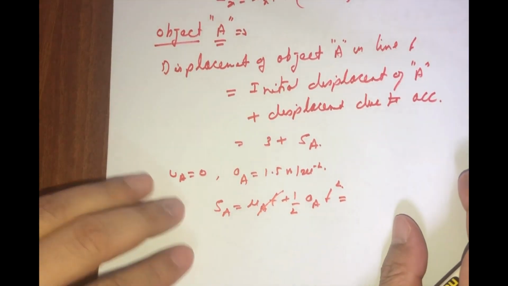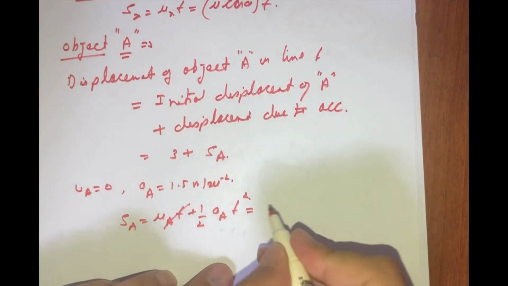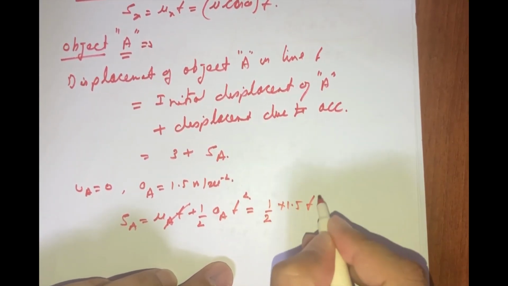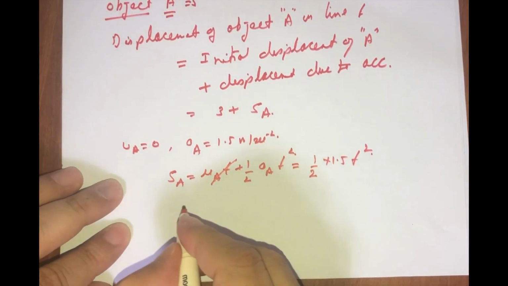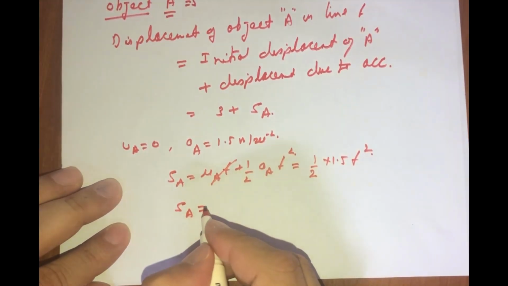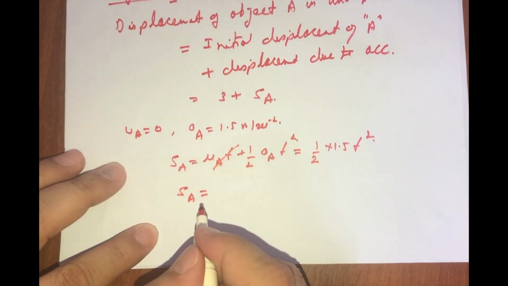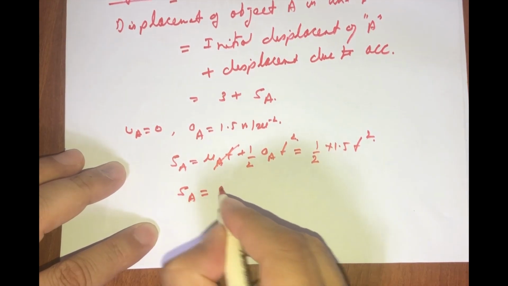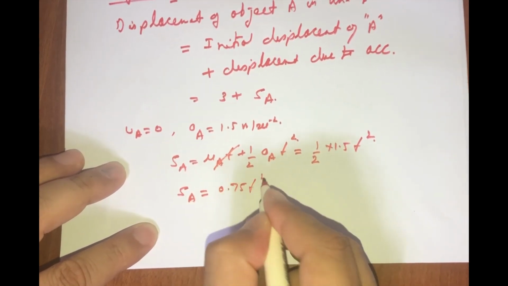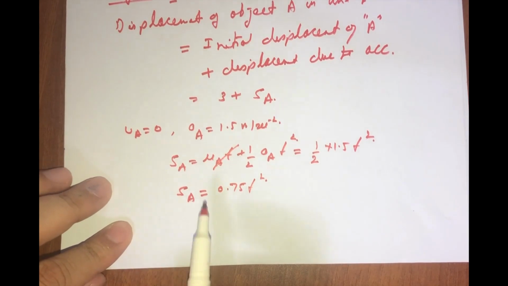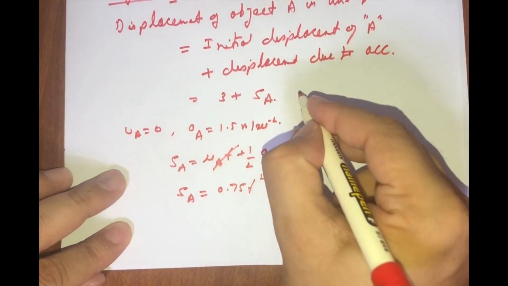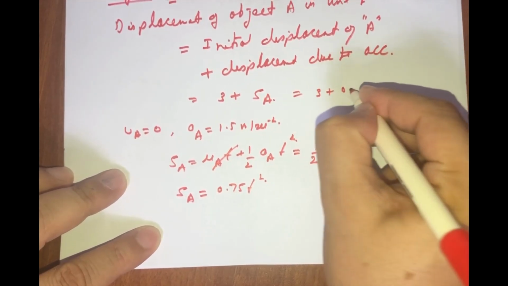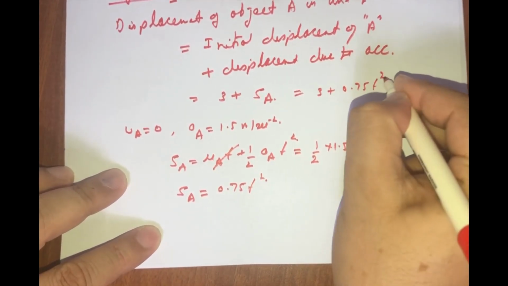So we are left with S A is equal to 1/2 multiplied by 1.5 t square. So S A will be equal to 0.75 t square. So we can say that displacement of the object in time t will be now given by 3 plus 0.75 t square.